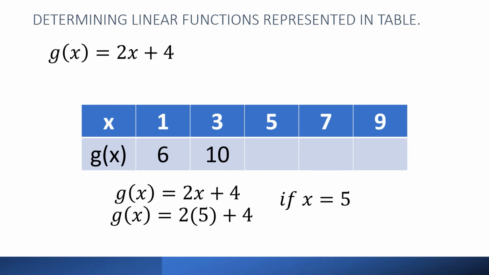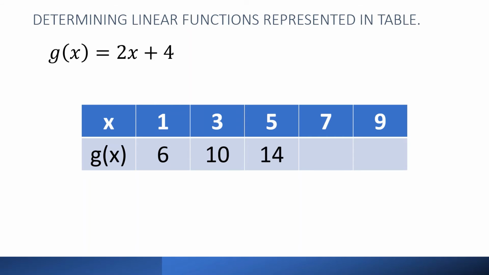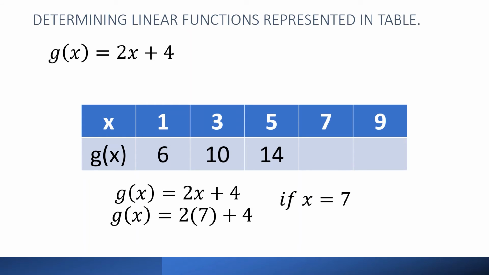So we have 2 times 5 plus 4. 2 times 5 is 10 plus 4. So we have 14. Then next, we have x is 7. So substitute 2 times 7 plus 4. So we have 14 plus 4, which is equivalent to 18.